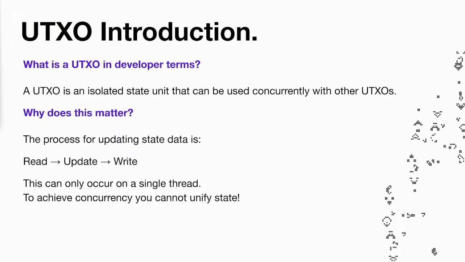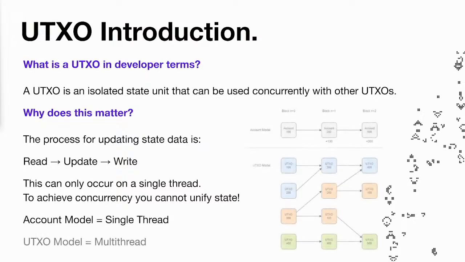So to achieve concurrency, you cannot unify state. That's the main issue that UTXOs are actually solving. The account model is inherently single-threaded. The UTXO model is multi-threaded. Now in the graphic to the right, I just threw this together, this is very much simplified, of course. So if you're looking at this and thinking, wait a minute, I already know this, it's really supposed to be simplified.